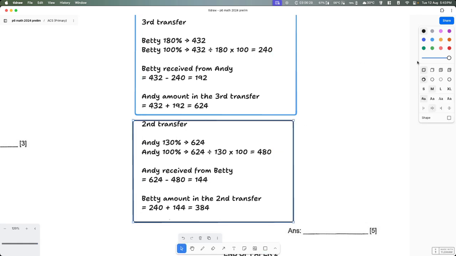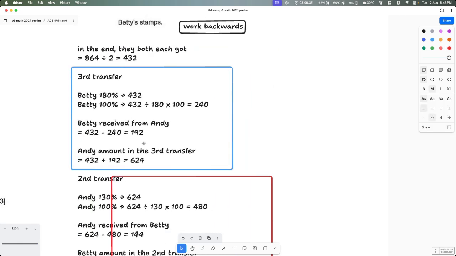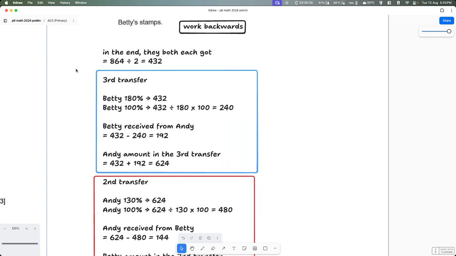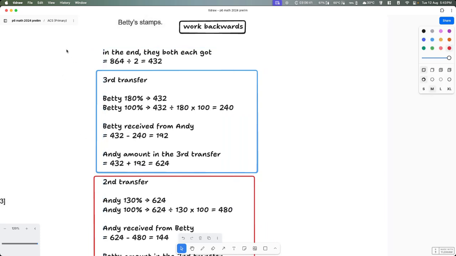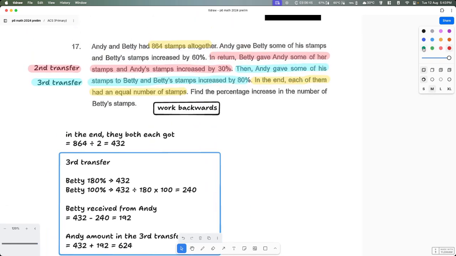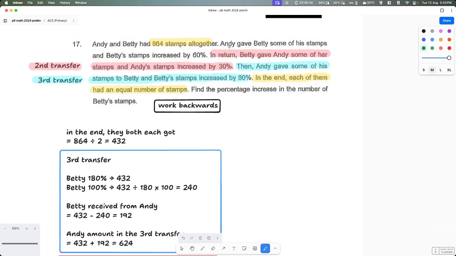I'm going to put this as red. And then from here we can go on. Let me just move all of this over here. From here we can move to the first transfer. So first transfer, I'm going to make this green. So Andy, he gave Betty some of his stamps, and Betty's stamps increased by 60%.